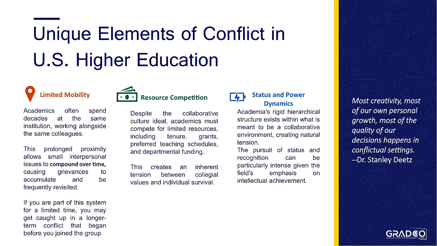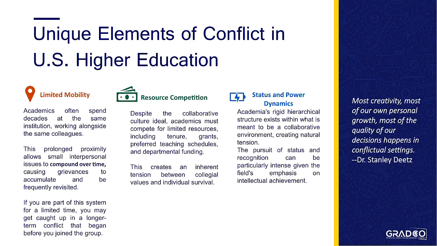Another element of higher ed that's unique is resource competition. We have two rewarding factors. One is we're rewarded for gaining resources, doing publications, getting information as an individual. And yet we're also rewarded for being collaborative, working together, making shared decisions.